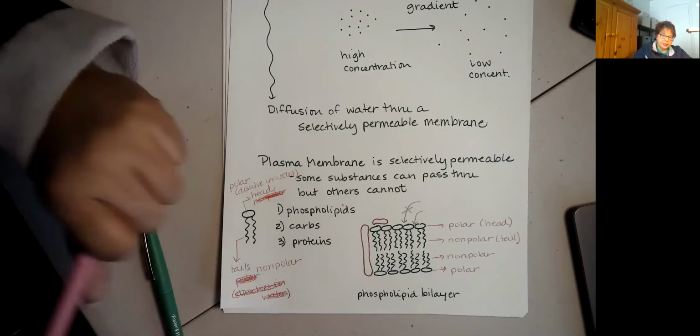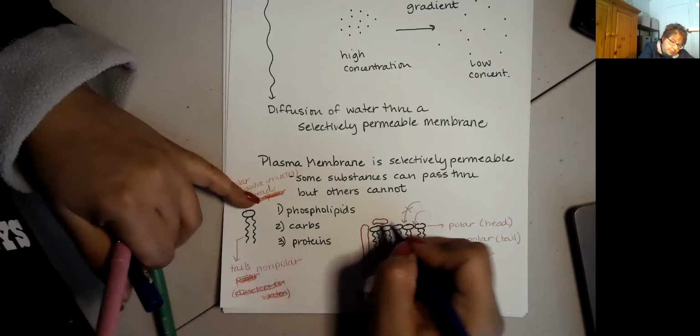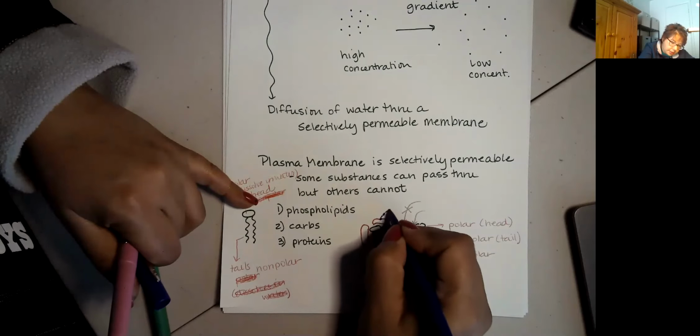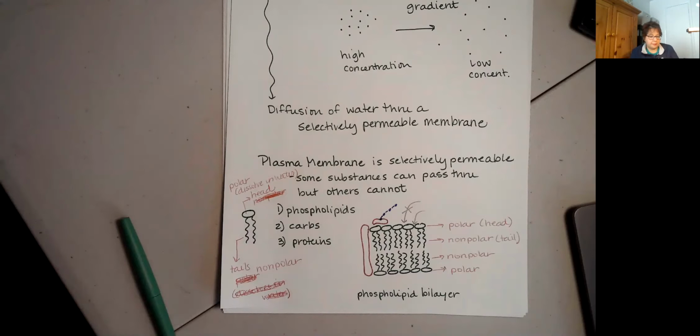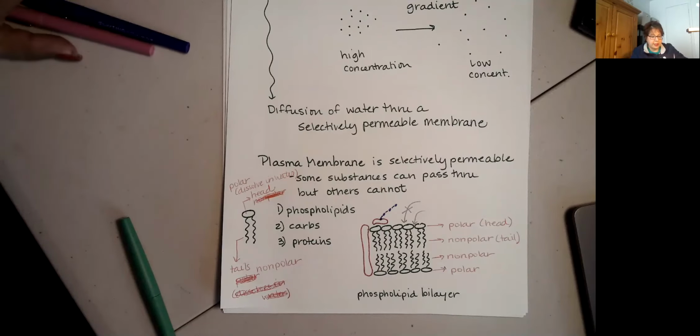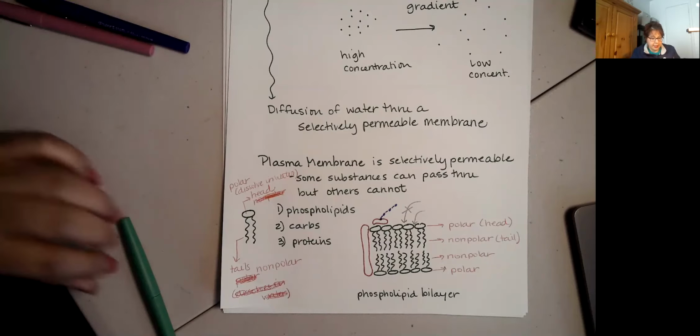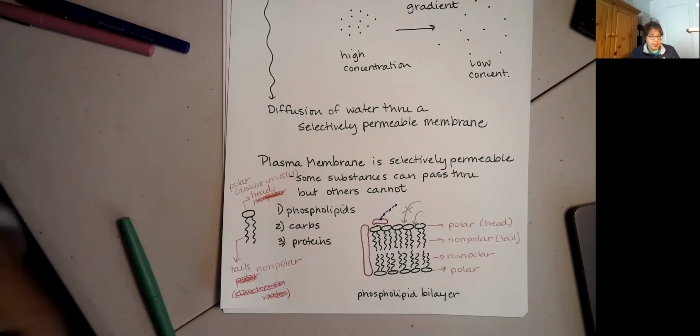And then the carbohydrates are usually attached like this to a protein. So we'll see proteins that are embedded in the phospholipid, and little carbohydrates that are attached. It makes a really elegant diagram.